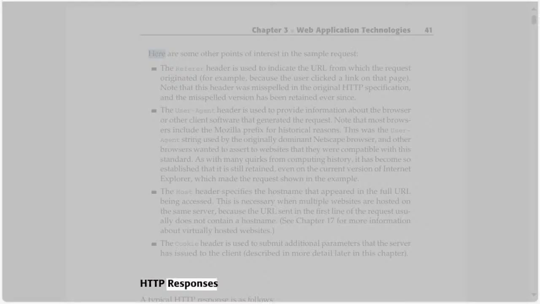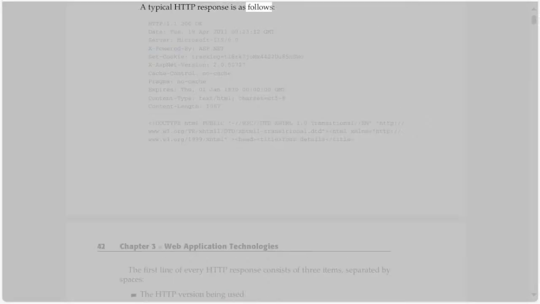HTTP responses. A typical HTTP response is as follows. HTTP/1.1 200 OK. Date: Tuesday, April 19, 2011, 9:23:32 GMT. Server: Microsoft-IIS/6.0. X-Powered-By: ASP.NET. Set-Cookie: tracking=TIARK7JOMX44S2U85NSWC. X-AspNet-Version: 2.0.50727. Cache-Control: no-cache. Pragma: no-cache.